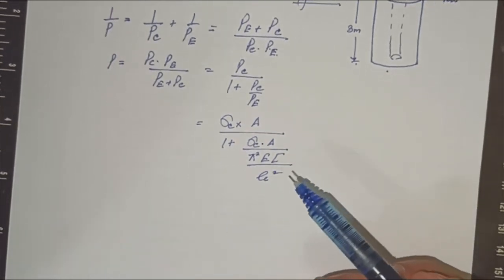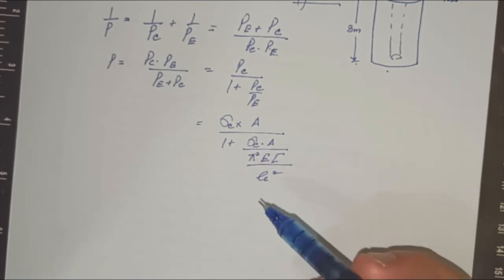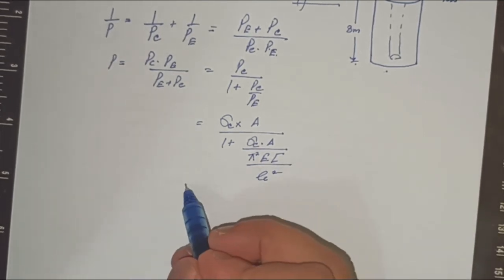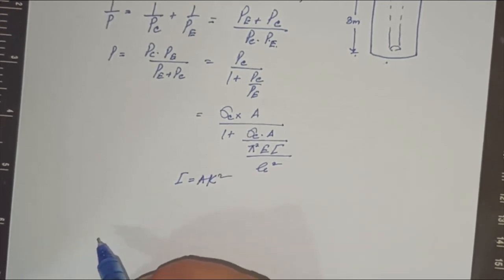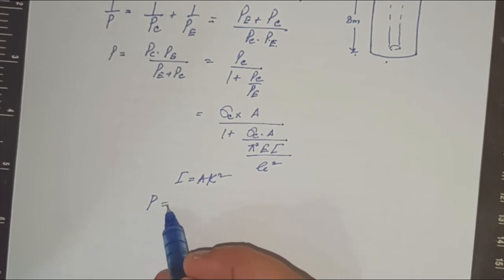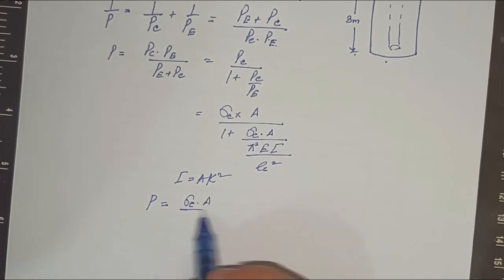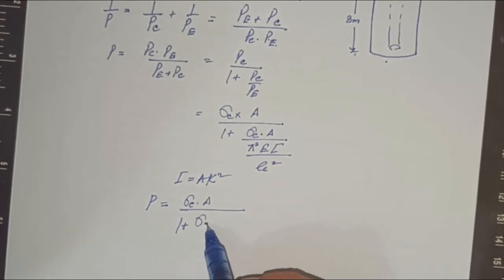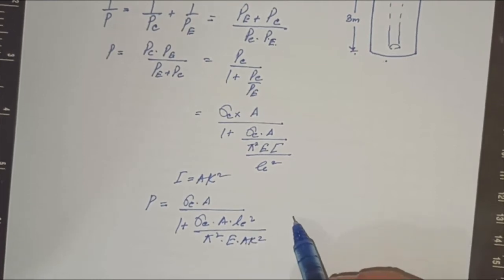K is the radius of gyration, you know. So now this can be further arranged by using the expression for the radius of gyration, as sigma c times A divided by 1 plus sigma c times A times Le square divided by pi square E times A K square.